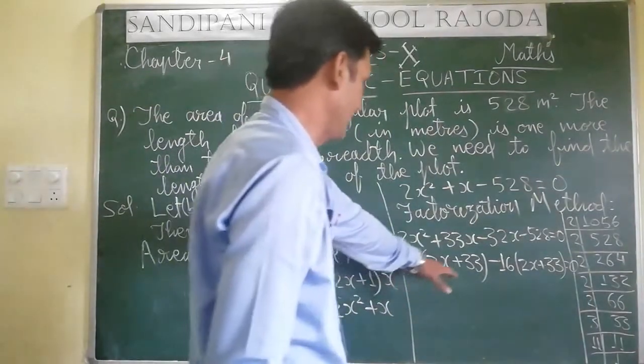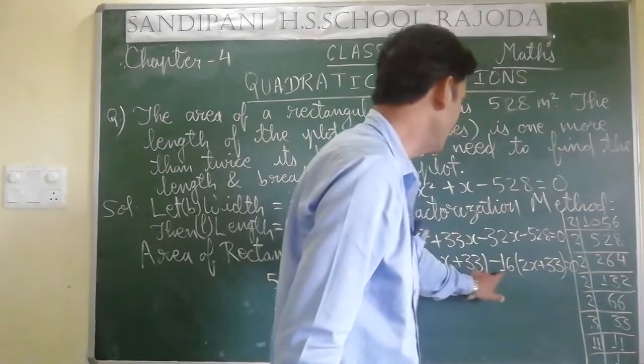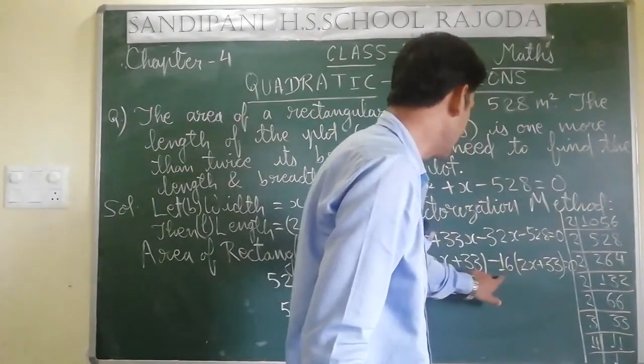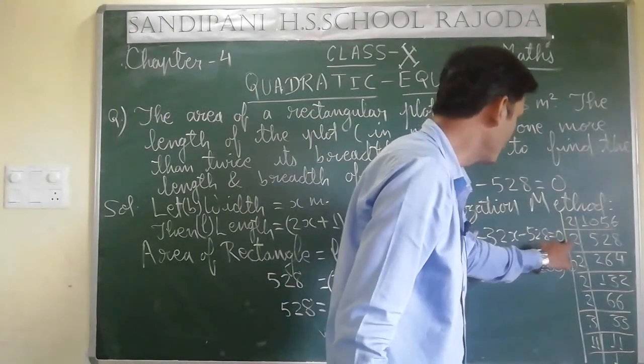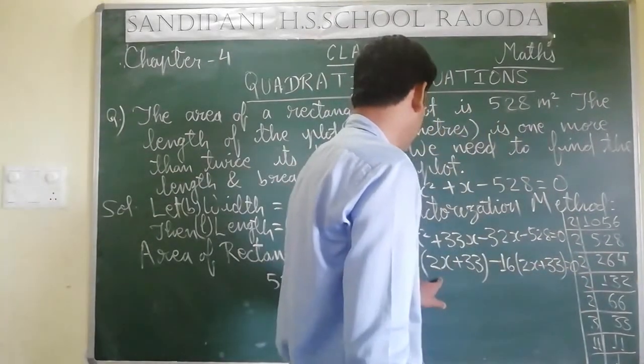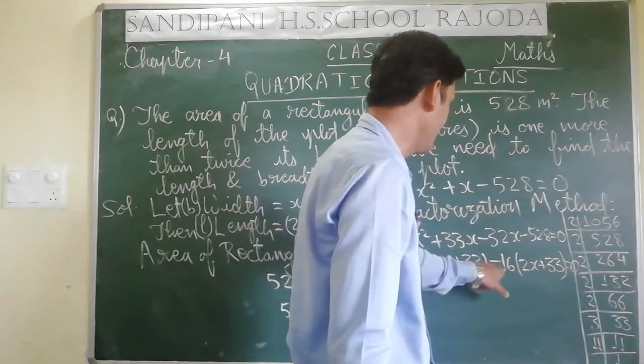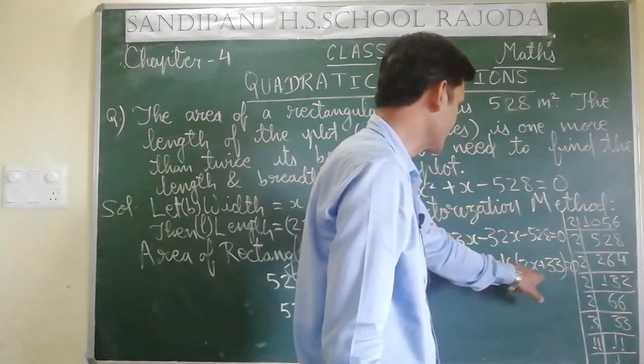See, 33 into 16. When 16 and 33 are multiplied, 2 2s are 4, 4 2s are 8, 8 2s are 16. It is 2x plus 33 and minus 16.